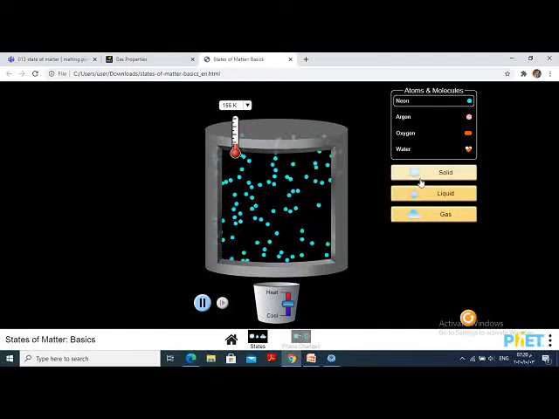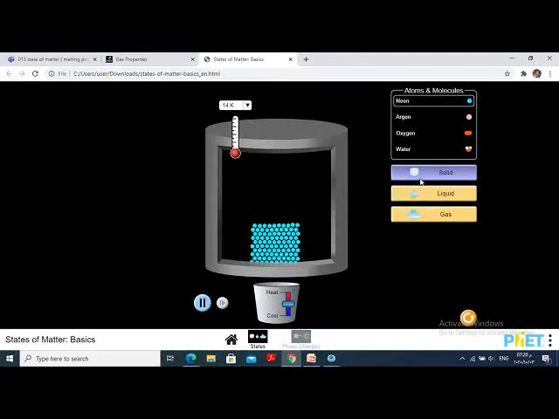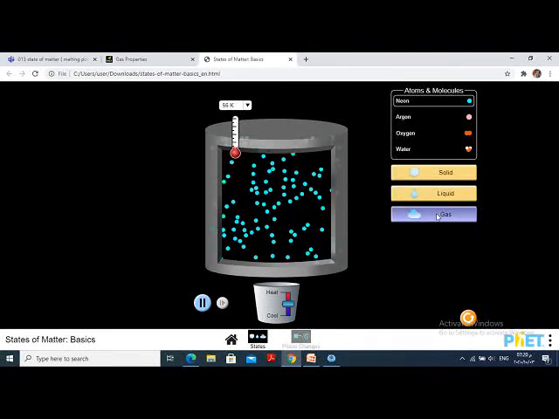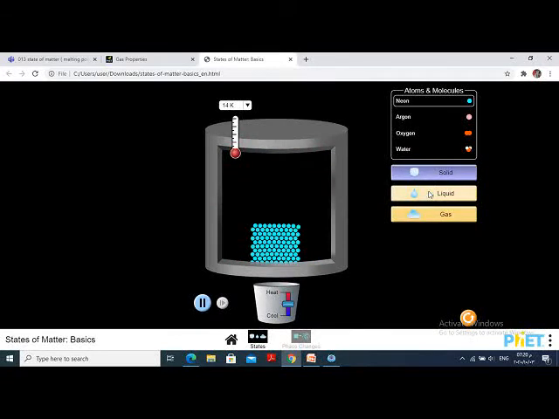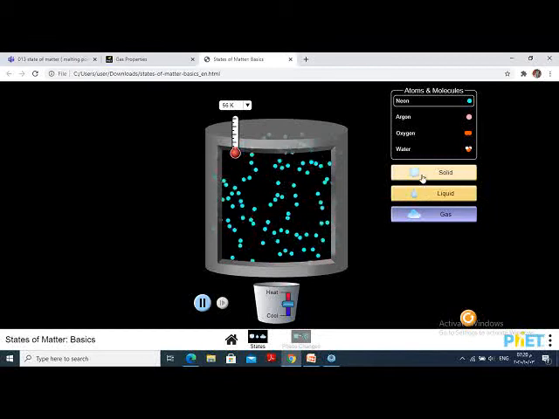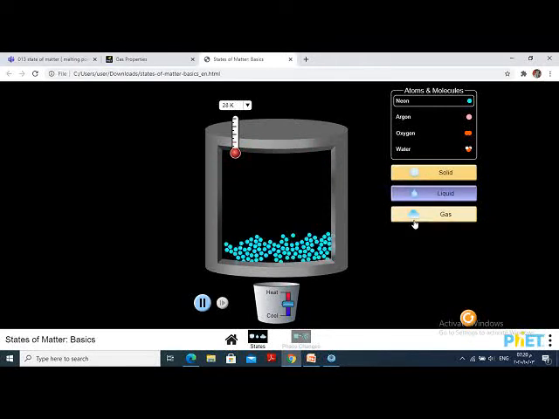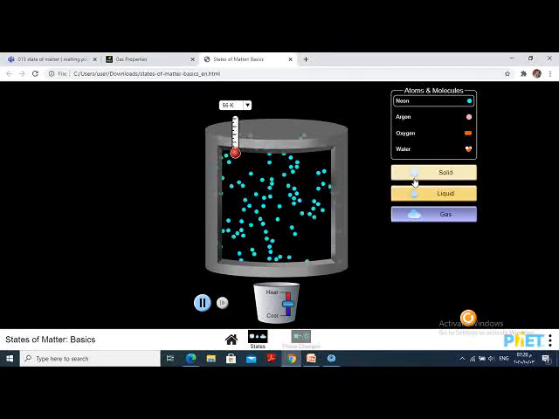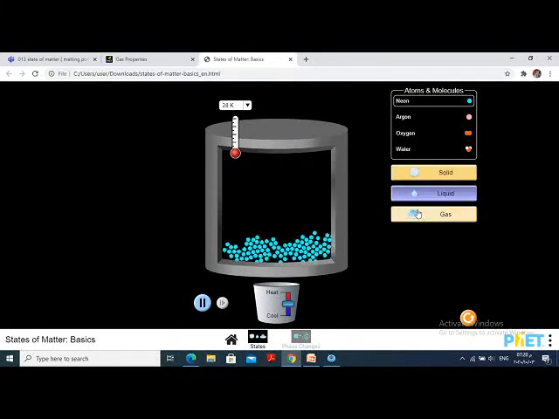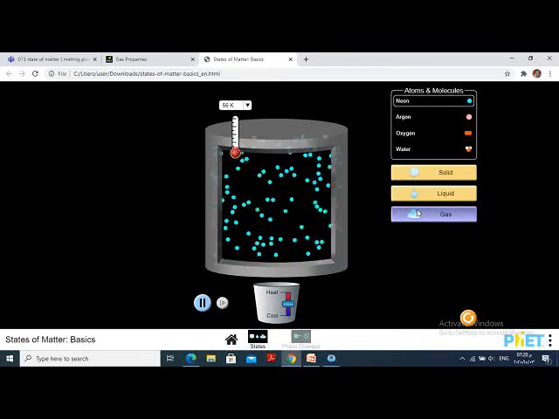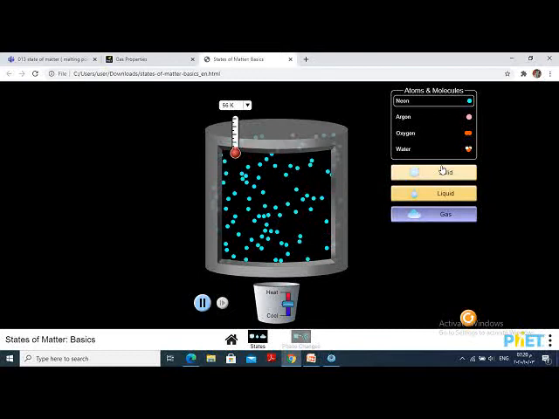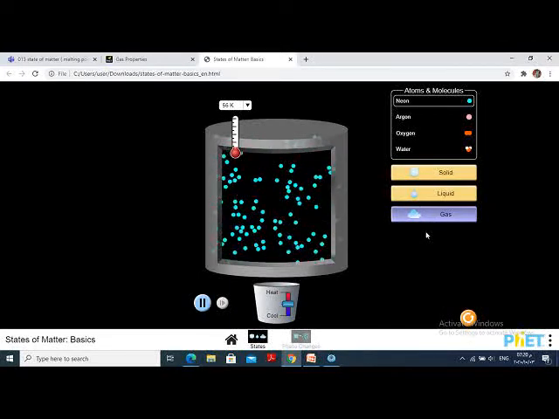Look here, we have a solid state, a liquid state, and a gas state. What is the difference between these three states? Each one has its own thermal energy. So the solid has different thermal energy than liquid and gas, and the liquid has different thermal energy than gas and solid, and the same for gas.